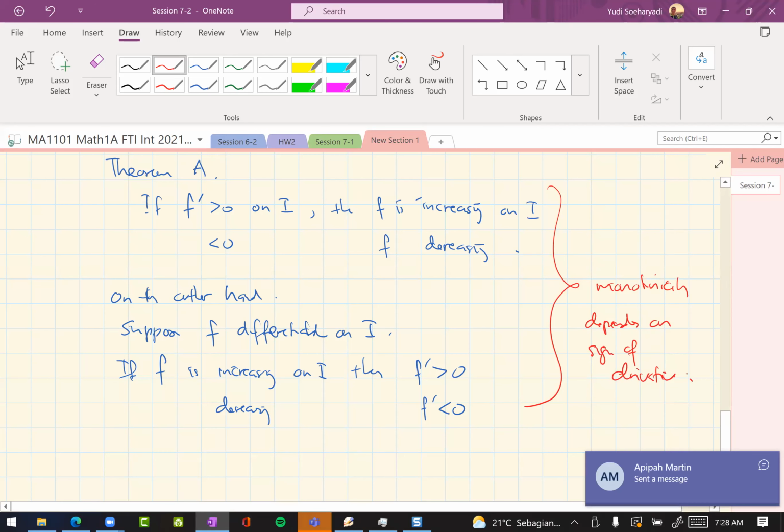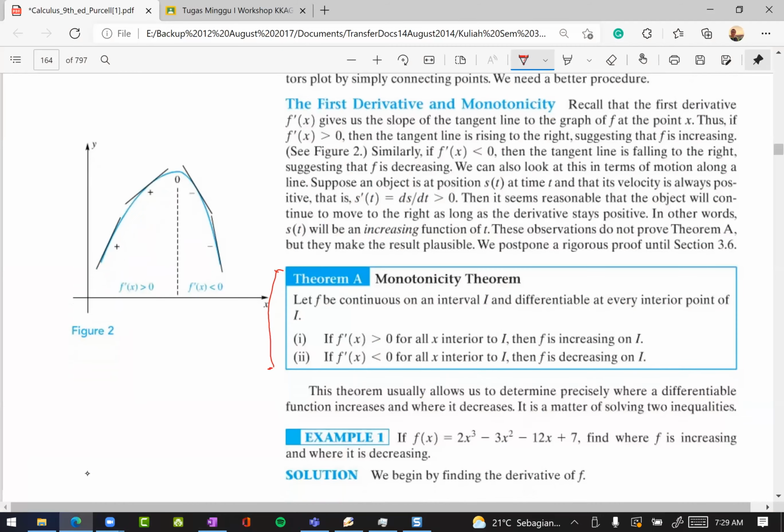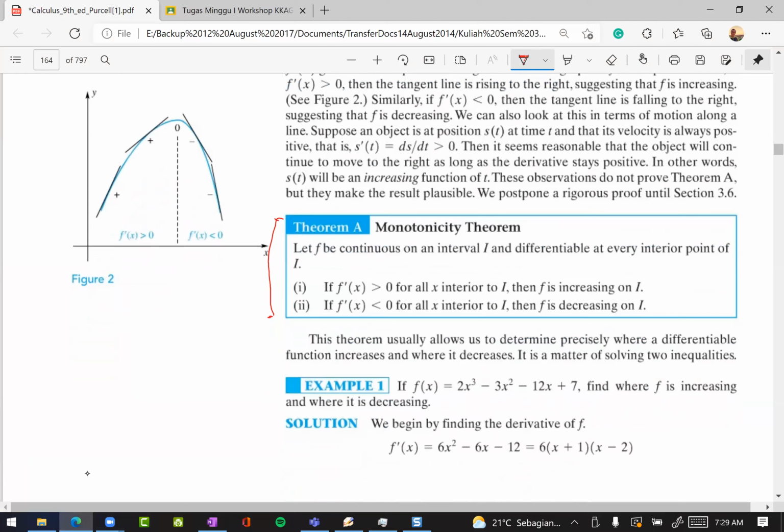So let's do some examples. Let's do this example one from the book, but let's do this in detail and see what it tells you.